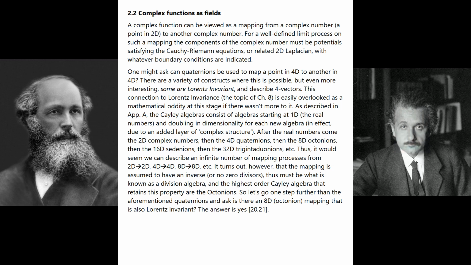After the real numbers come the 2D complex numbers, then the 4D quaternions, then the 8D octonions, then the 16D sedenions, then the 32D trigintaduonions, etc. Thus, it would seem we can describe an infinite number of mapping processes from 2D to 2D, 4D to 4D, 8D to 8D, etc. It turns out, however, that the mapping is assumed to have an inverse, or no zero divisors, thus must be what is known as a division algebra, and the highest order Cayley algebra that retains this property are the octonions.